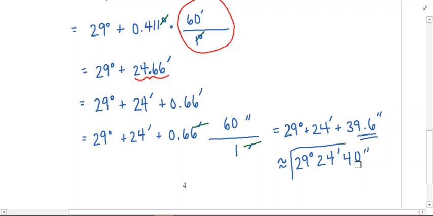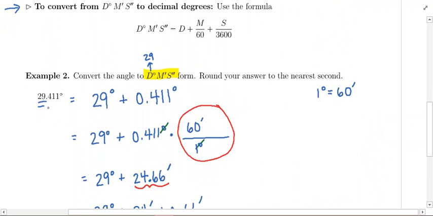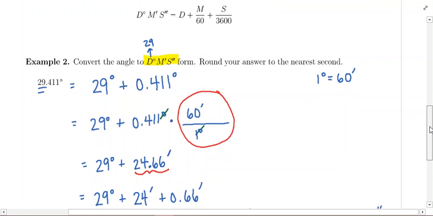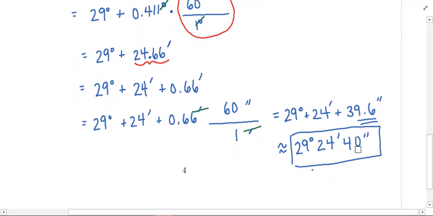So this is going to be your answer. Basically, the decimal degree angle 29.411 degrees converts to degrees, minutes, and seconds as 29 degrees, 24 minutes, and 40 seconds.